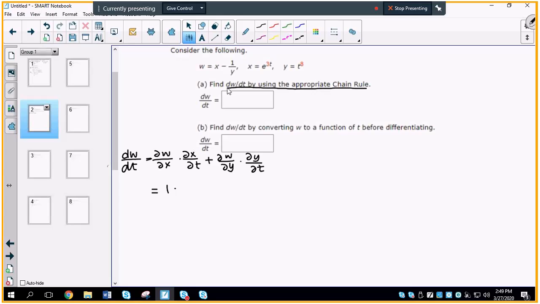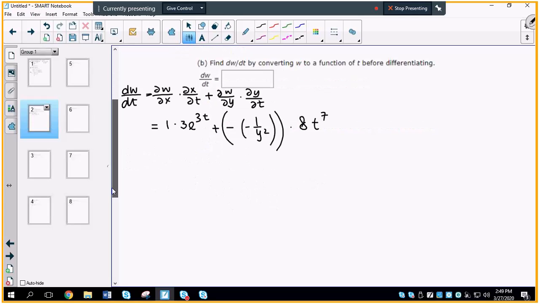Look at x, differentiate with respect to t, you get 3 e to the power 3t. Plus del w del y, we're differentiating with respect to y, so you get minus, and then 1 over y's derivative is minus 1 over y squared. So this is the derivative with respect to y, and then you do del y del t, which is 8 t to the power 7.